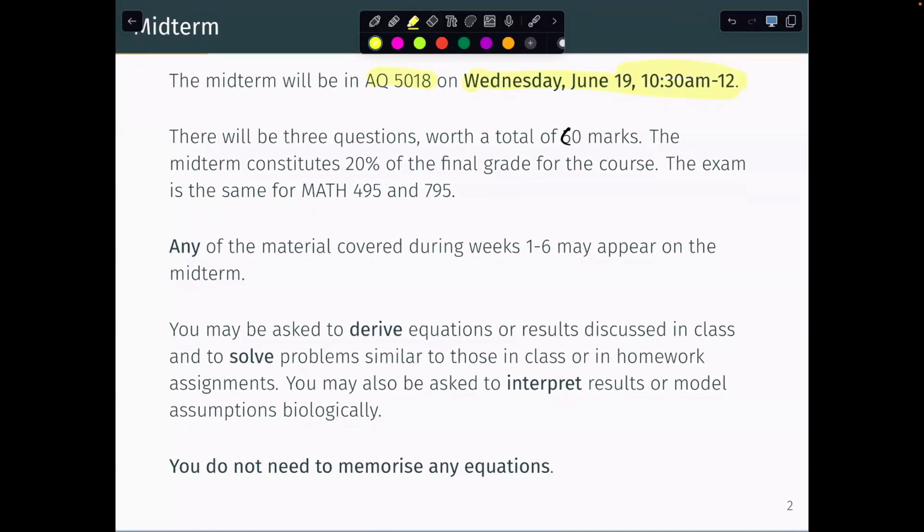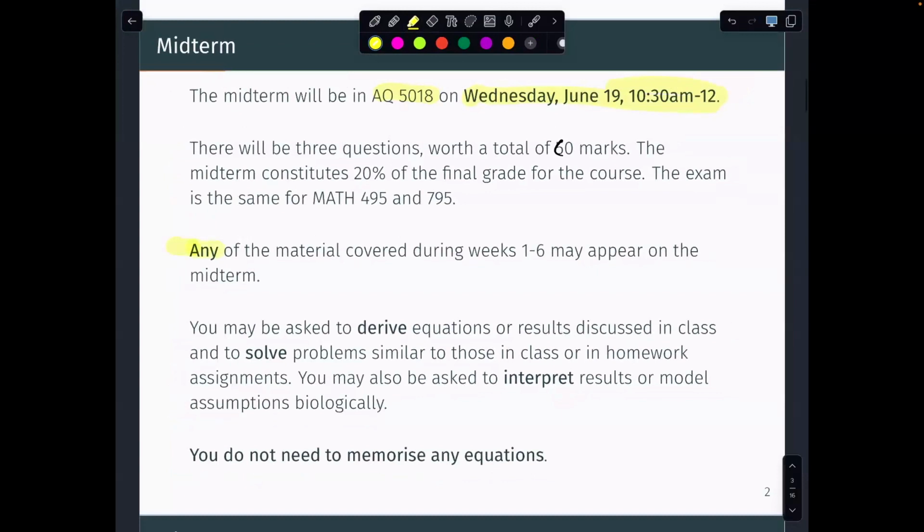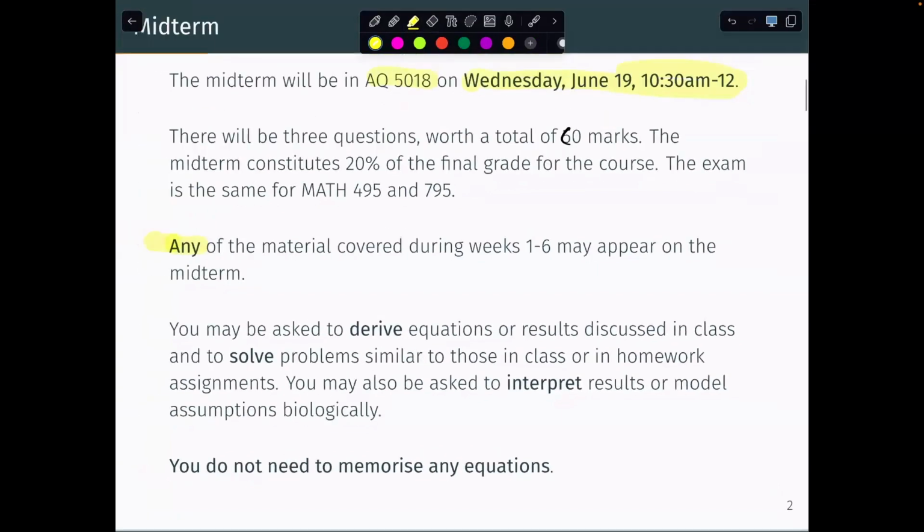Now, any of the material that we've covered so far, in principle, can appear on the midterm. The kinds of things that you're going to be expected to do are being able to derive equations or results that we've shown in class, and also some of the things that we've discussed in class. So make sure you go back over those notes.